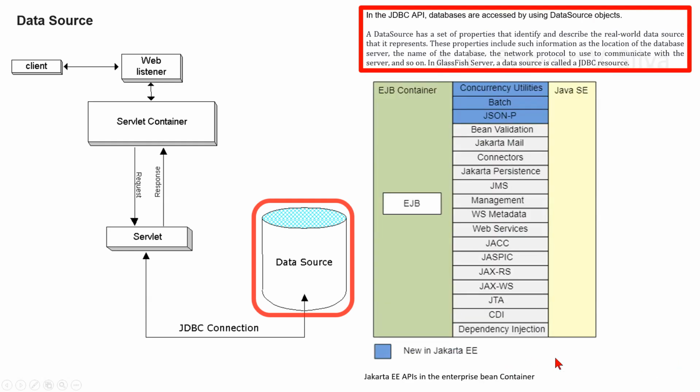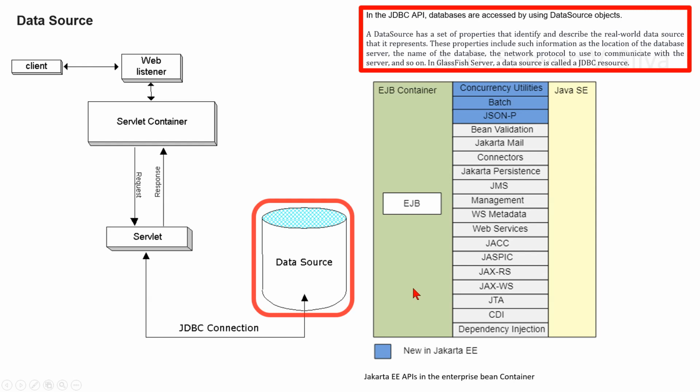Here you can see Jakarta EE APIs in the enterprise bean container. In blue color, you can see what is new in Jakarta EE. This figure shows the availability of Jakarta EE APIs in the enterprise bean container.